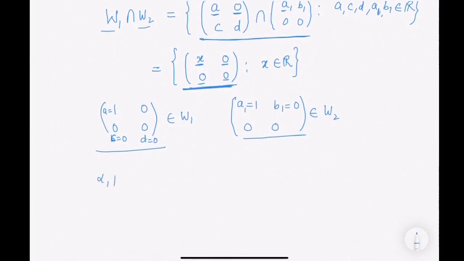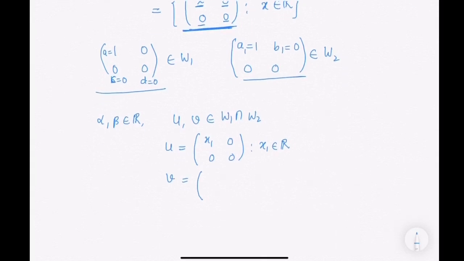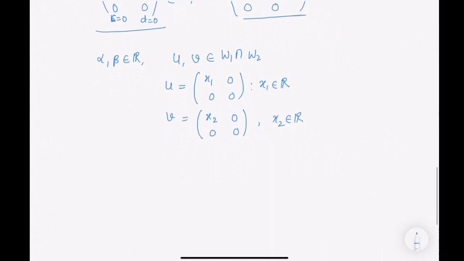Then again, for alpha, beta, any two elements belonging to R, and U and V belonging to W1 intersection W2, you may see U is of type X1, 0, 0, where X1 belongs to R, and V is another element of W1 intersection W2, so X2, 0, 0, where X2 belongs to R. So what is alpha U plus beta V?